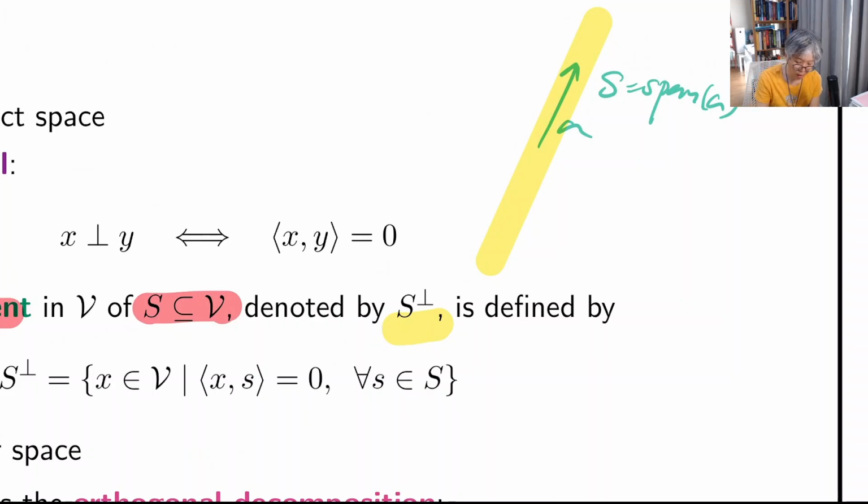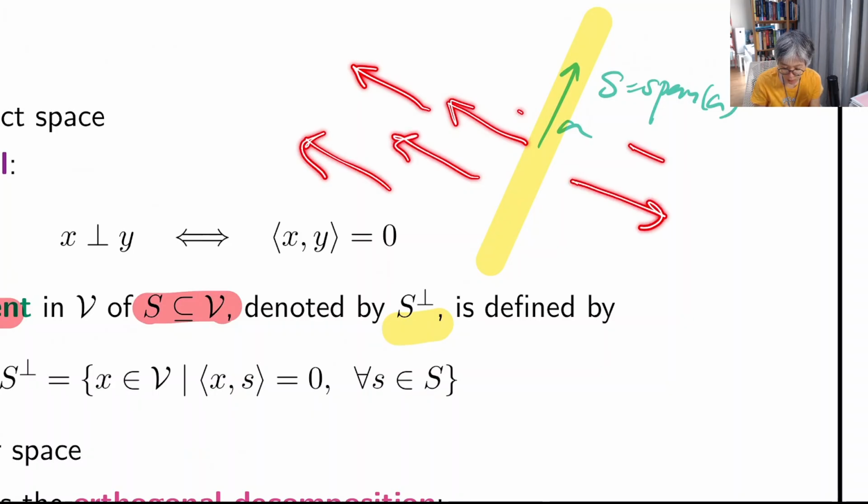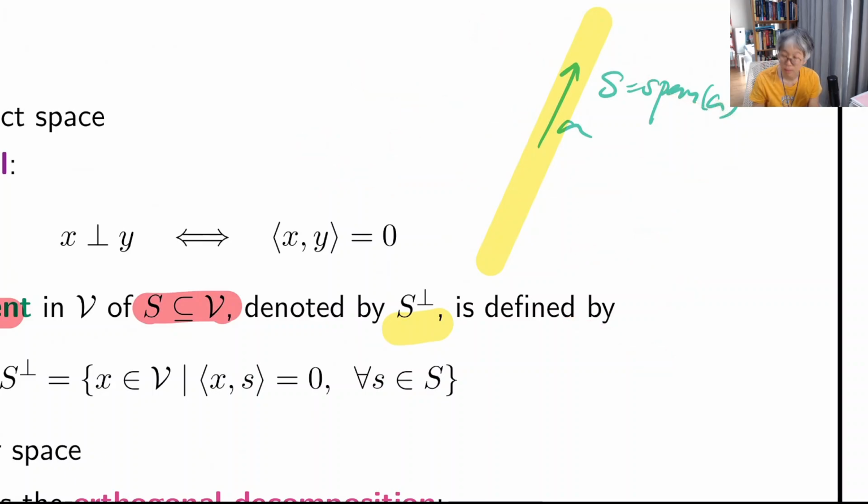Any vector that is in the same direction as A is a member of S. Okay. So what would be the S perp from this notion? S perp would be any vector x that lies in this direction or this direction. Any one that is perpendicular to A. All right, that's it.